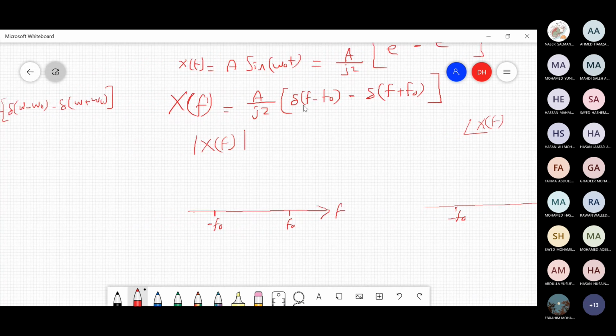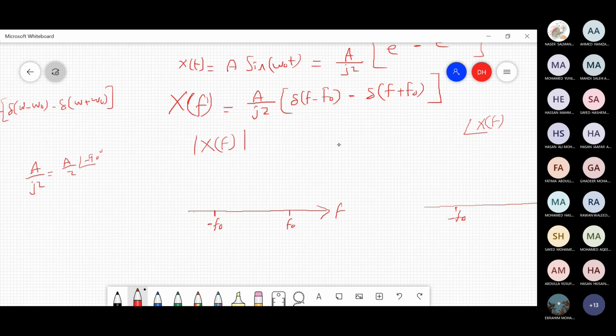Okay, let's look at the first one, which is at positive f naught. So then we have A divided by j2. Put it in polar form: it is A divided by 2 angle minus 90 degrees.